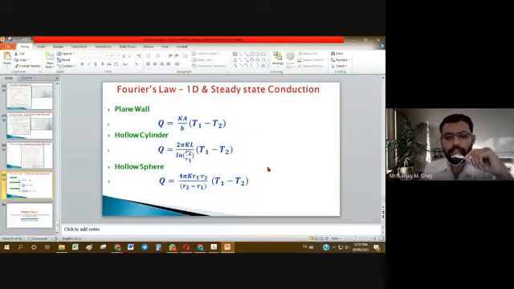Suppose a spherical vessel is storing hot water or hot steam. Due to the very large temperature difference between the inside surface and the outside surface, conduction will happen across the thickness of the spherical storage tank, and that heat rate or heat loss can also be found out using this formula.